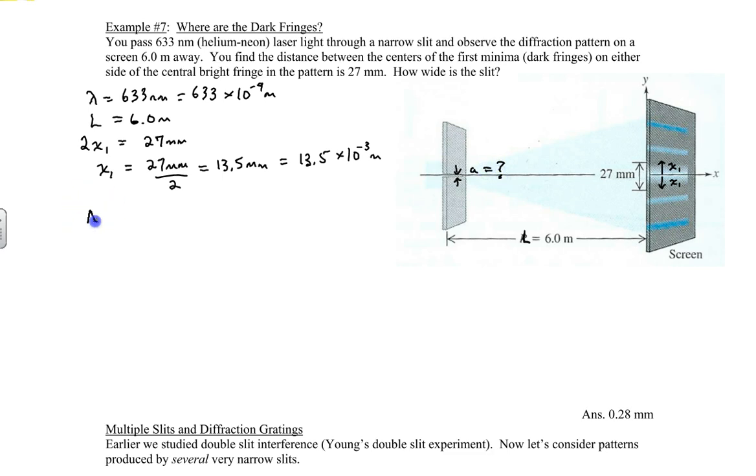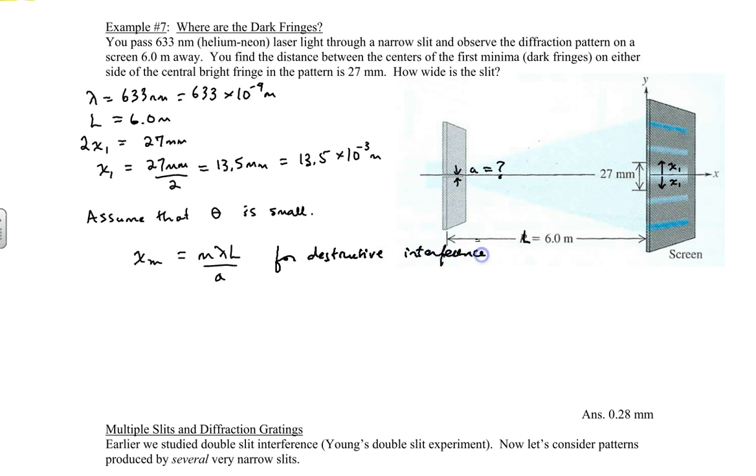Now we're going to make an assumption here. We're going to assume that theta is small. And that way we can use the small angle approximation and go straight to our formula that x sub m equals m lambda L all over d, but it's actually a in this case, for destructive interference.